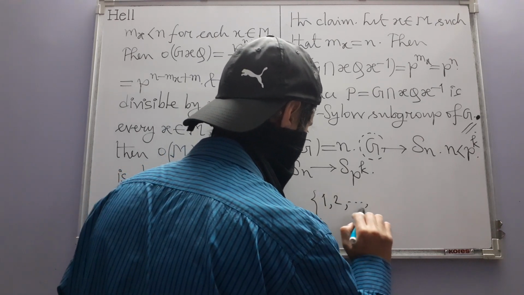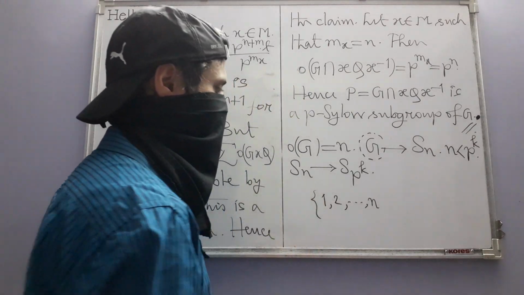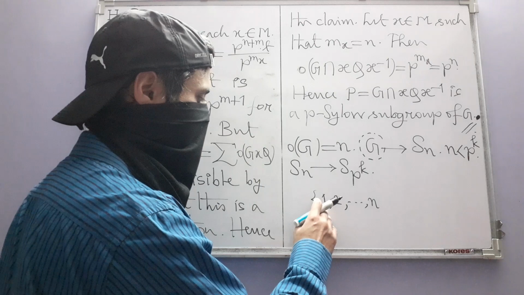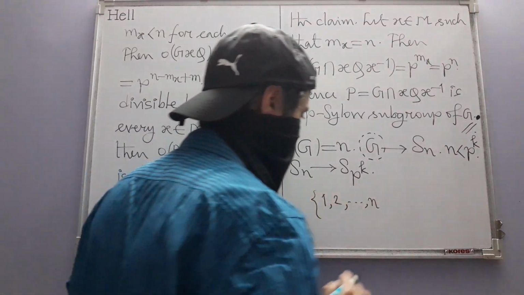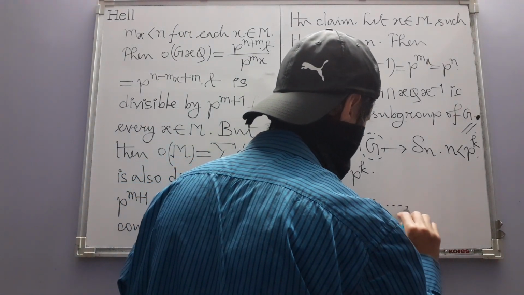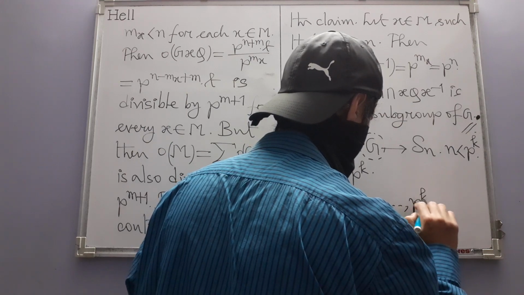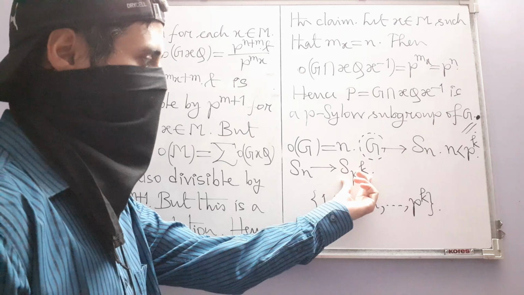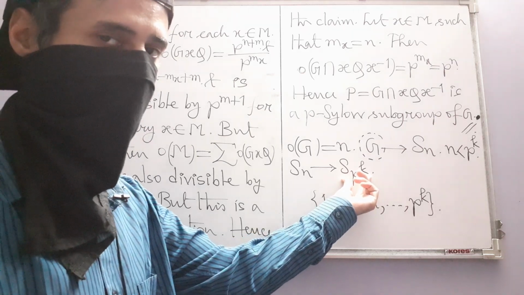The set of symbols on which the elements of Sn act is this set, all the positive integers up to n. But then it continues and we get this. This is the set of symbols on which the permutations in this group act.